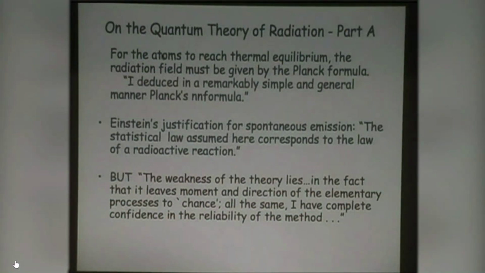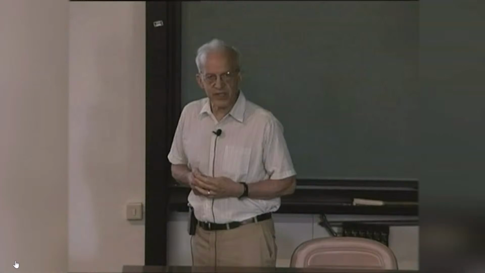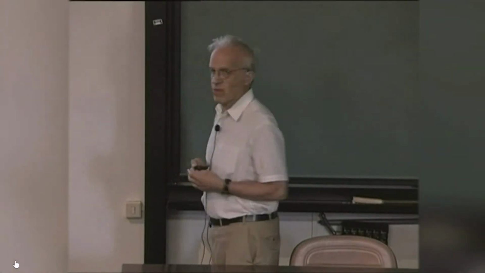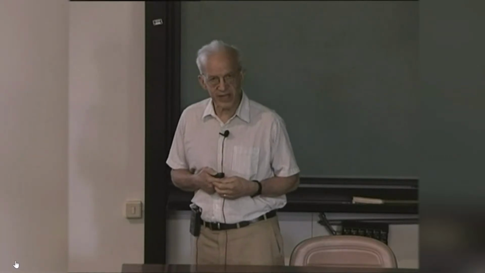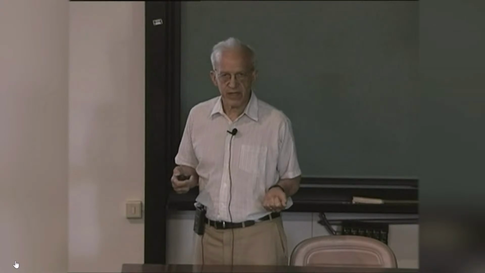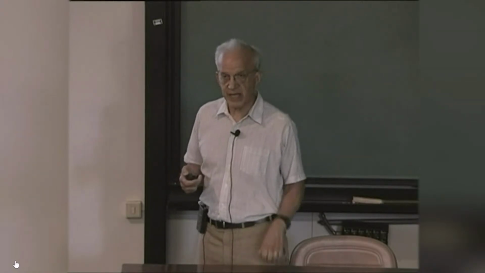Spontaneous emission, he introduced in a very cavalier fashion. He said the atoms will radiate spontaneously at a uniform rate in analogy with the law of radioactive decay. Radioactive decay had been discovered around the turn of the century, and it caused a great deal of perplexity. People did not know why things should decay spontaneously. It's against all classical ideas that things could happen randomly like that.